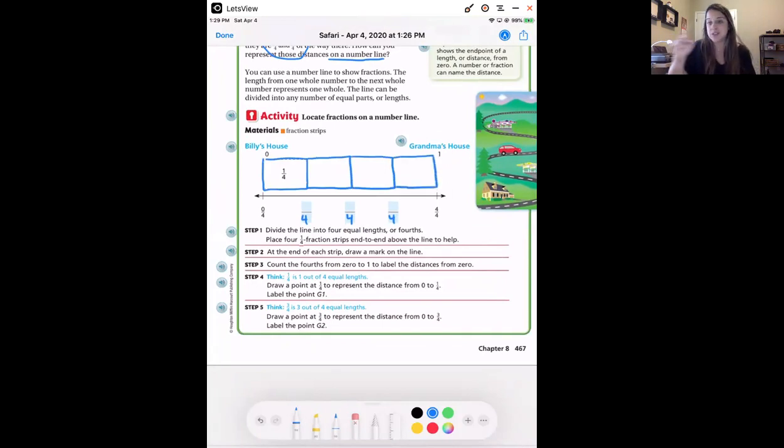Each part is just 1/4. Okay, that's how we're going to call the strips.